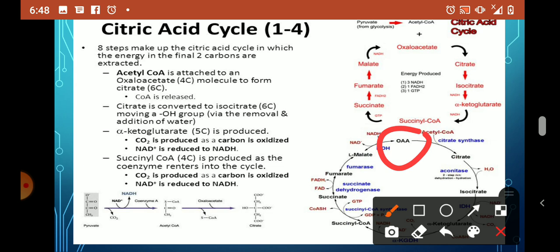The first compound formed is citrate, which is the first stable compound formed here. It is also called TCA, tricarboxylic acid, because at carbon numbers 1, 2 and 3 three carboxylic groups are attached.